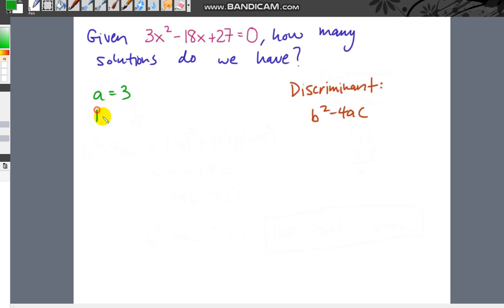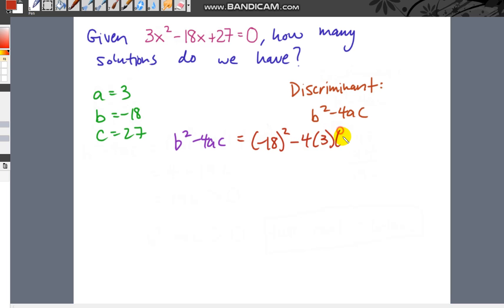What I see, if I read this off, is a is 3, b is -18, and c is 27. So if we were to calculate that discriminant, b squared minus 4ac, we can go ahead and plug some of these things in. So we have -18 squared minus 4 times 3 times 27.